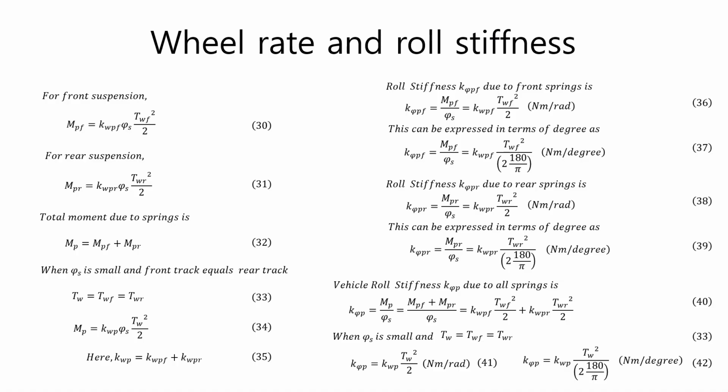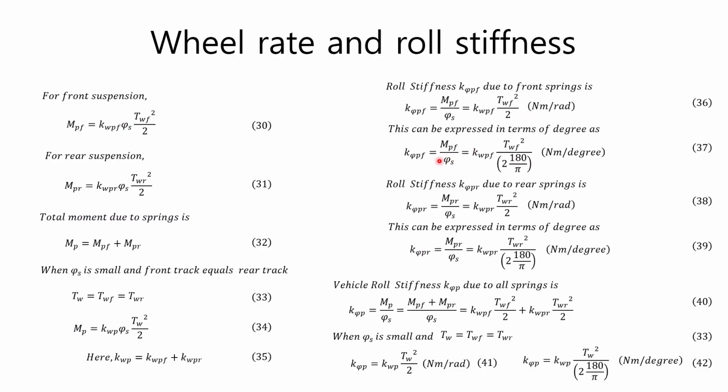Roll stiffness represents the rate of change in roll moment with respect to the roll angle. Therefore, the roll stiffness K phi Pf for the front spring can be obtained using the previously obtained equation 30, as shown in equation 36. The unit of the roll stiffness K phi Pf of the front spring, expressed in equation 36, is Newton meters per radian.